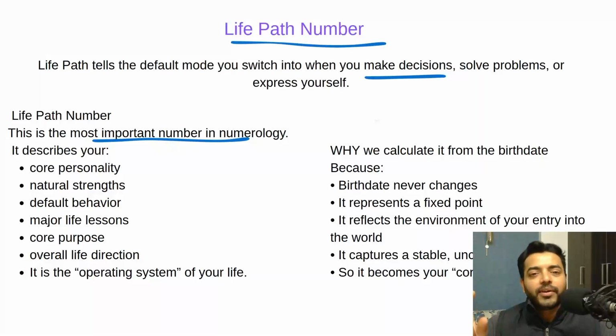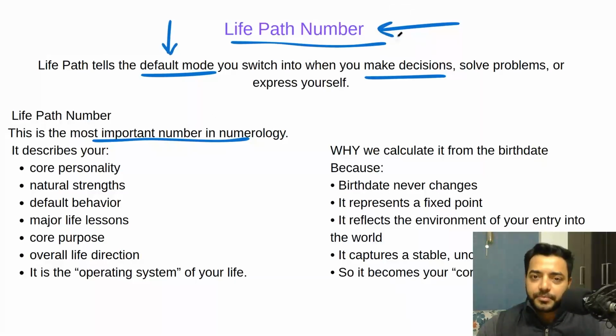So at home, whenever you are comfortable, you are you as a person. And at that point, if you want to make a decision, you are you. And that is the default mode. When nobody is watching you, you are in your default mode. And that default mode can be identified with your life path number, right? So it tells you about your core personality.